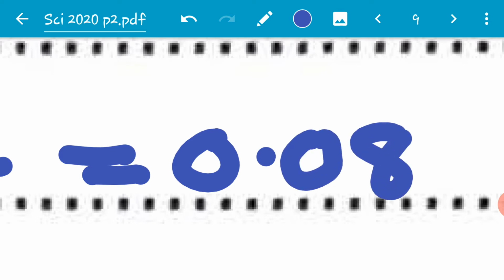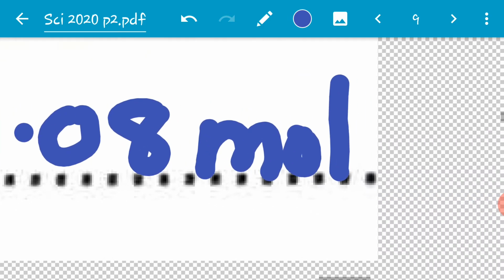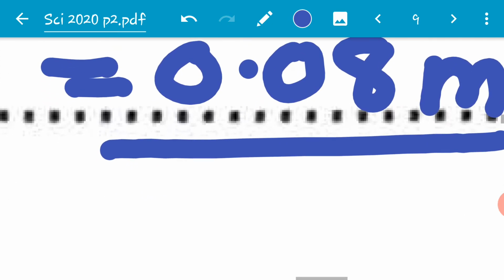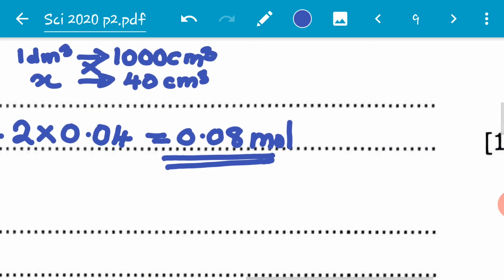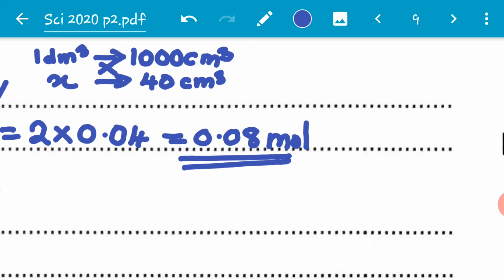So this is our final answer. We are going to have 0.08 moles of nitric acid.